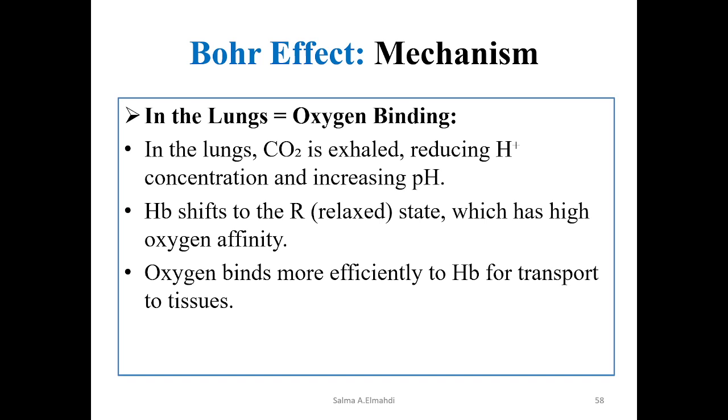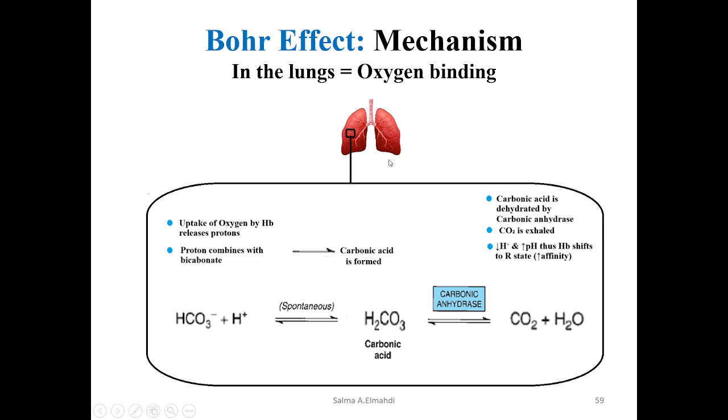What happens to the curve? The hemoglobin curve shifts to the left, and the hemoglobin molecule itself moves from the T state to the R state, which has high oxygen affinity and starts to take up oxygen. Oxygen binds more efficiently to hemoglobin to be transported later on in the body.